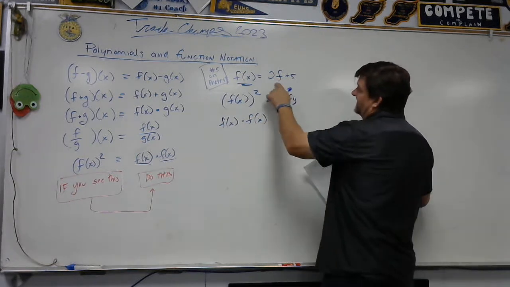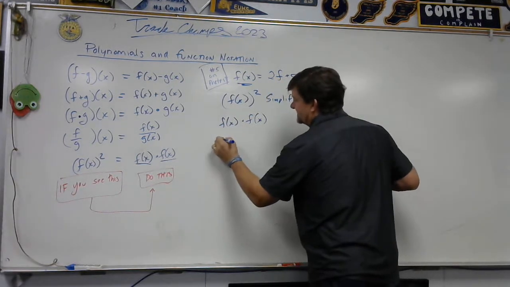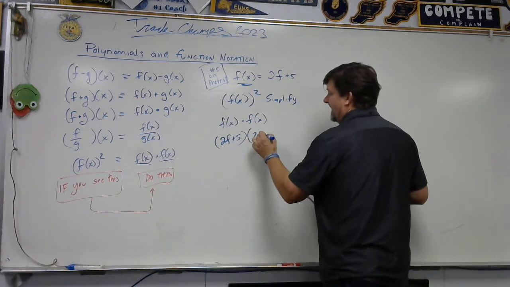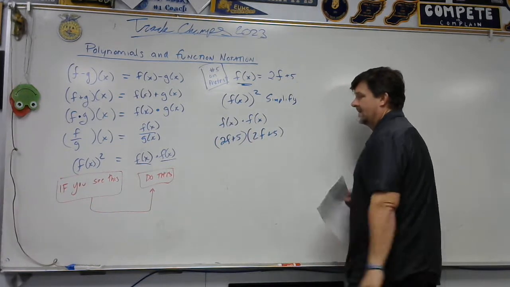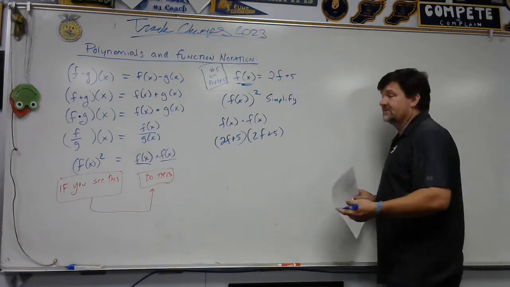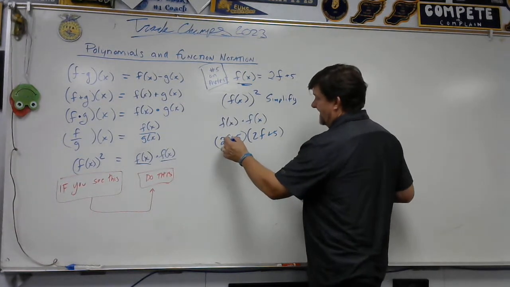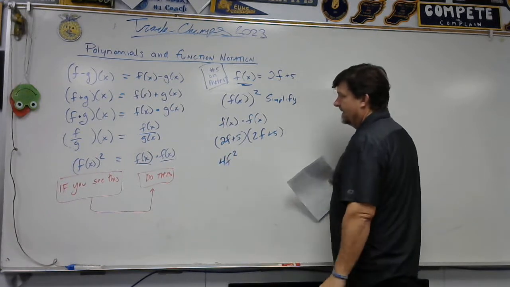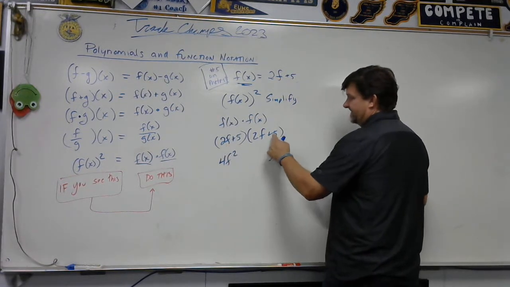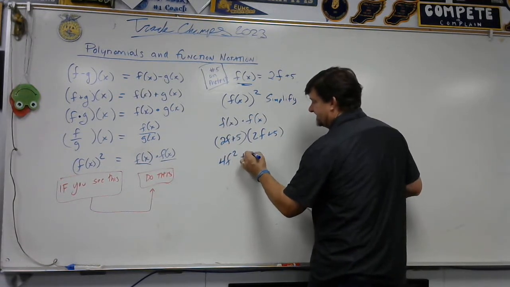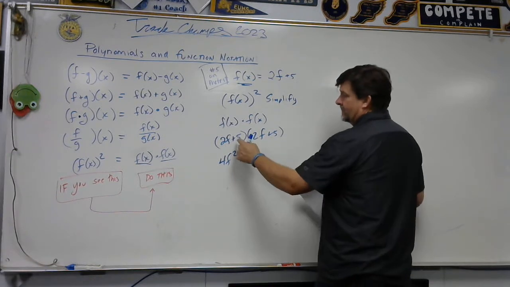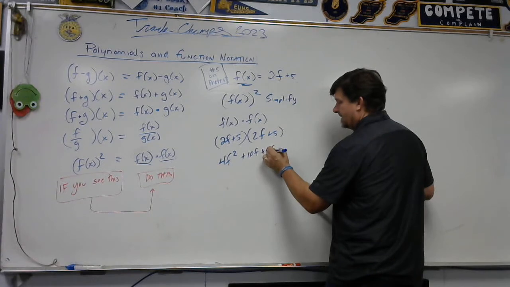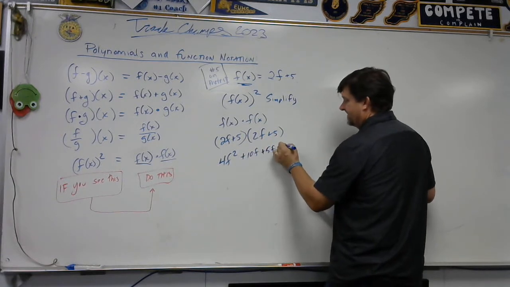So what is f of x? F of x is 2f plus 5, and that's 2f plus 5. Now I'm just going to do our distributive property here. It's going to be 2f times 2f, which is 4f squared. And then we're going to get 2f times 5, which is 10f, plus 5 times 2f, and then 5 times 5, it's 25.